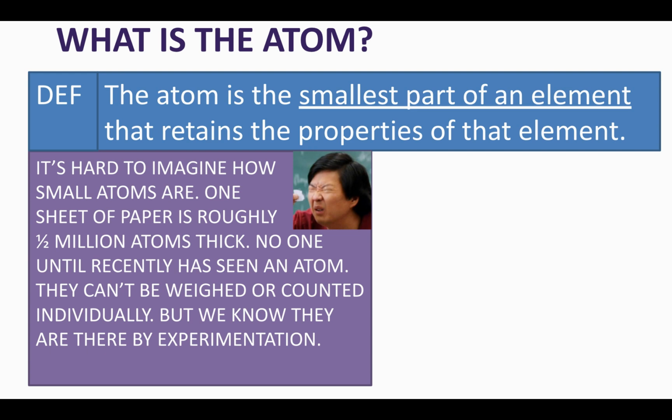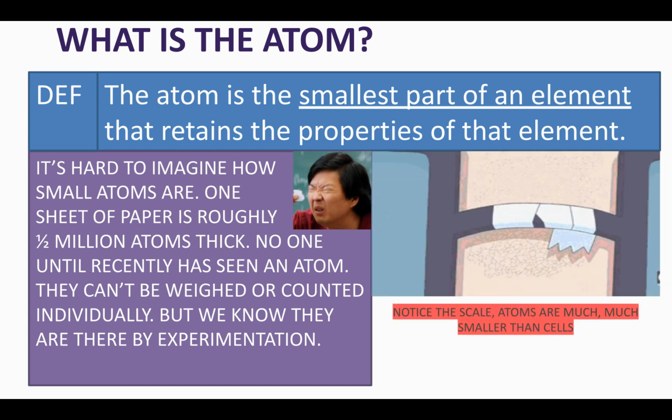But we can rely on the science of great scientists before us, who knew that atoms were there, but couldn't see them, and could use experiments to show it. You couldn't, of course, put a single atom down on a mass balance to measure it, as I was saying, in terms of can't be weighed. But if you did a bit of maths on it, you would be able to figure out the atom's mass itself.